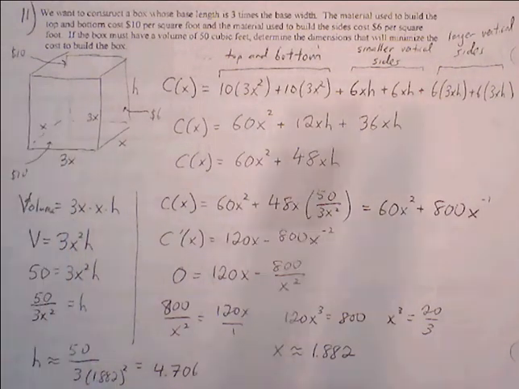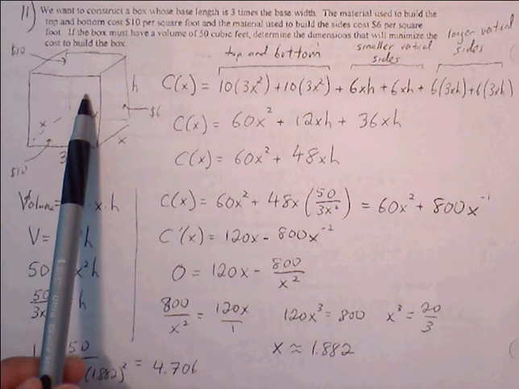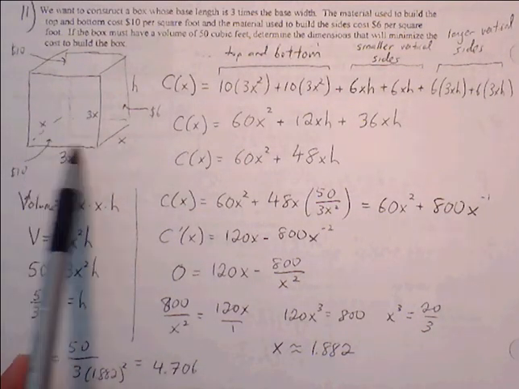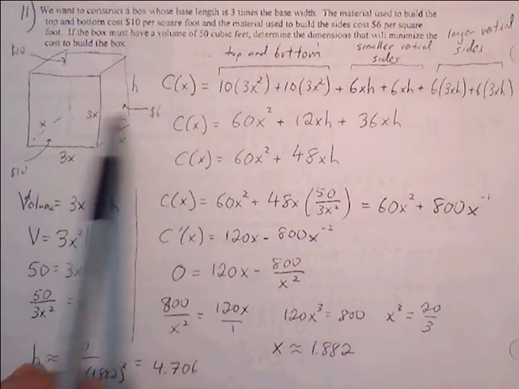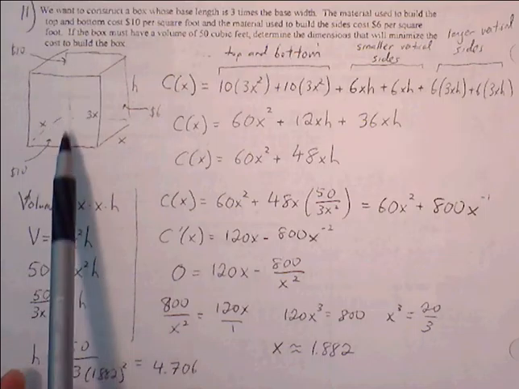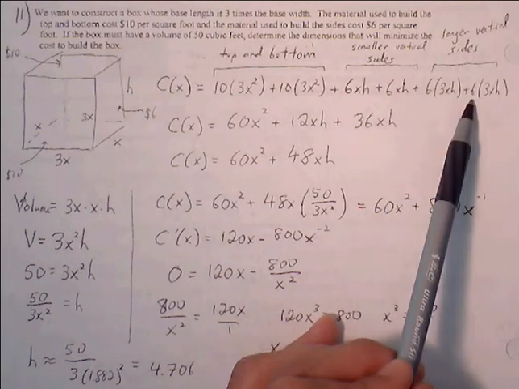Now, the larger vertical sides will be this face here, so it'll be 3x times h, and then the back face is going to be 3x times h, and then that will also be $6 per square foot. So 6 times 3xh, 6 times 3xh.